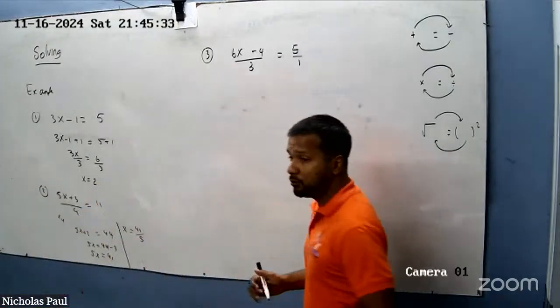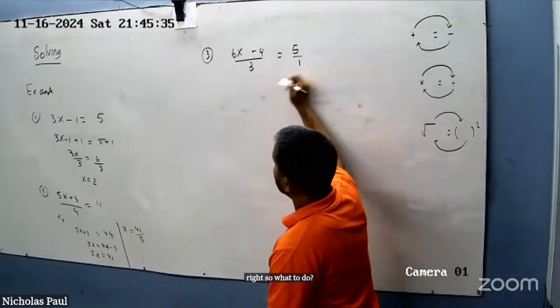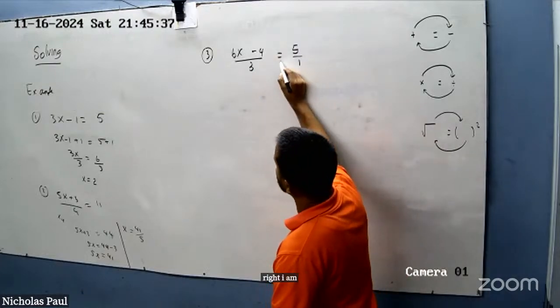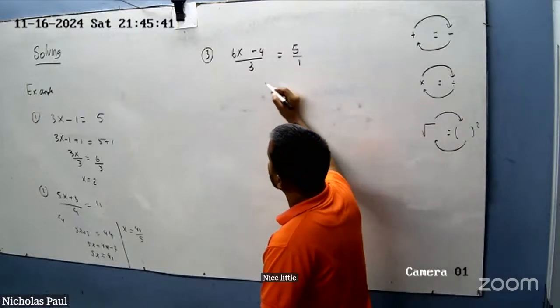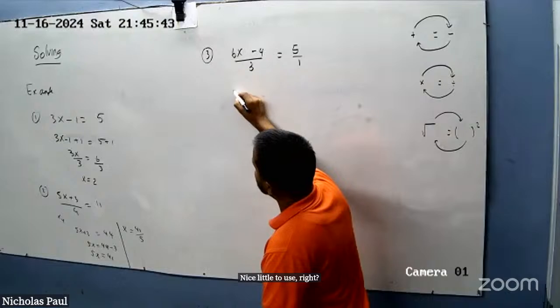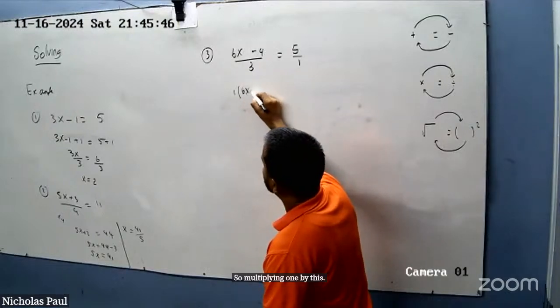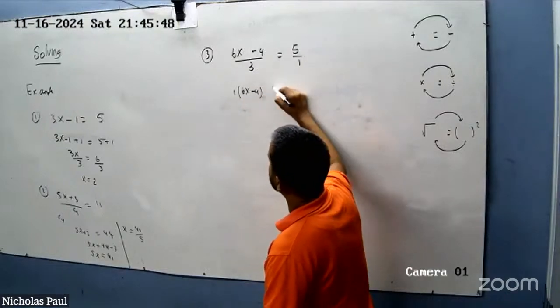So what to do? I am using the two fractions, equal sign, cross multiply. Nice little rule to use. So I'm multiplying 1 by this, and I'm multiplying 3 by this.